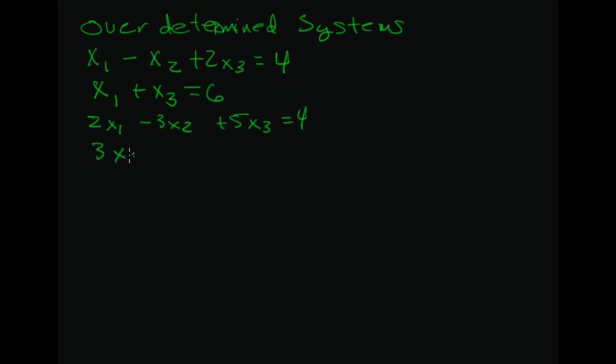And 3x1 plus 2x2 minus x3 is equal to 1. In this system, we seem to have too many equations. We have 4 equations, but only 3 variables.